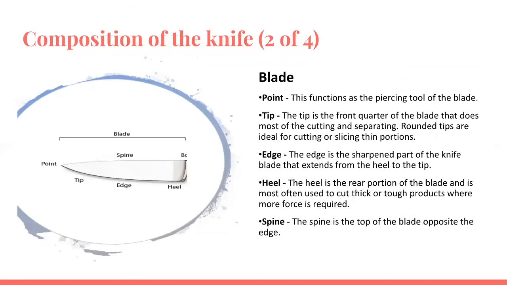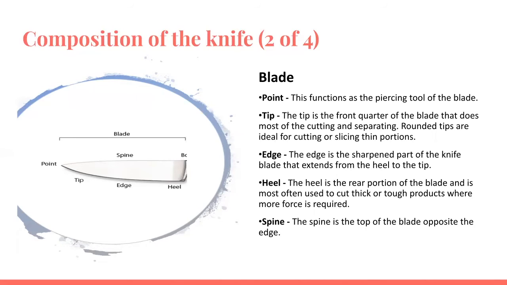The composition of the blade. The blade is divided into point, tip, edge, and heel, and then the opposite side of the edge is called spine. The point functions as a piercing tool.